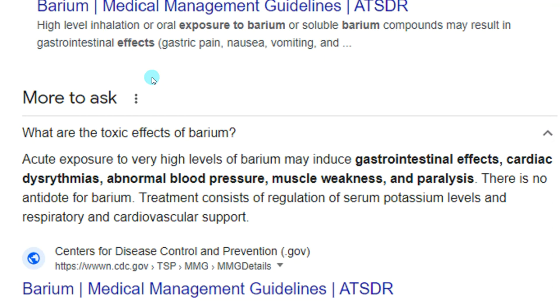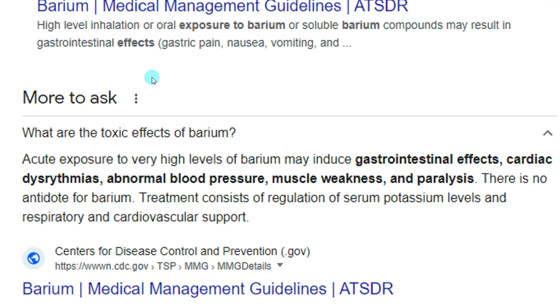If you take these barium salts, cardiac dysrhythmias, abnormal blood pressure, it may lower or raise your blood pressure. Muscle weakness, you will feel weakness if you ingest this barium salt. You may be paralyzed, and your hands and body will not work.